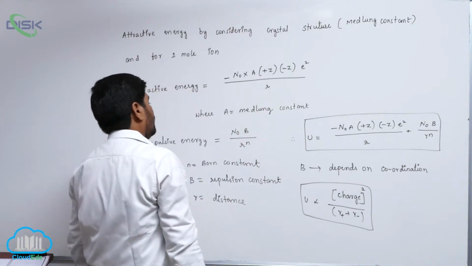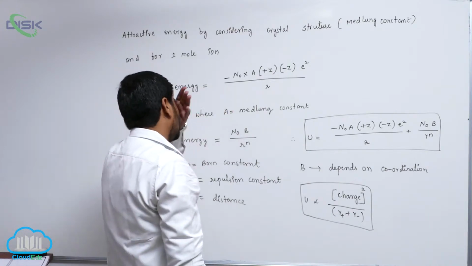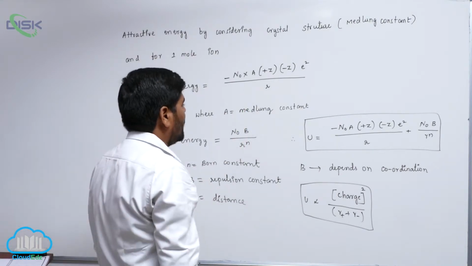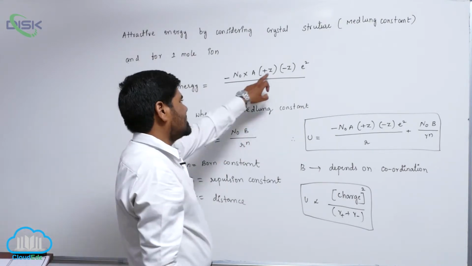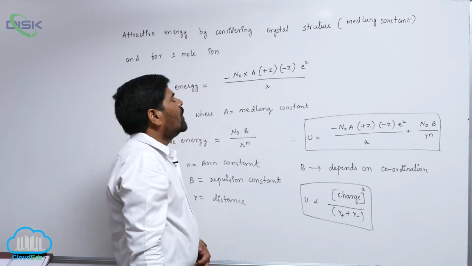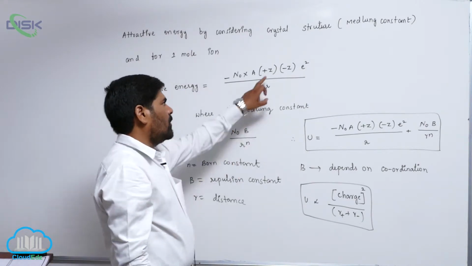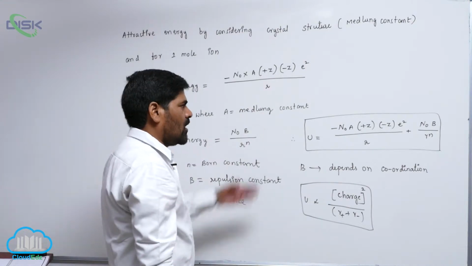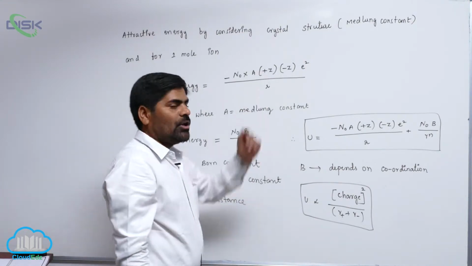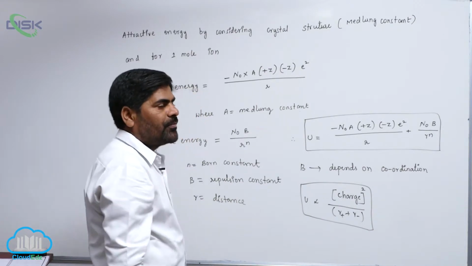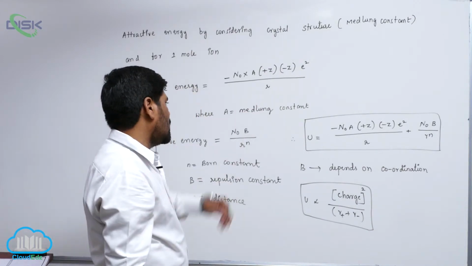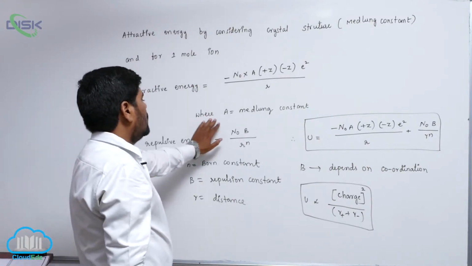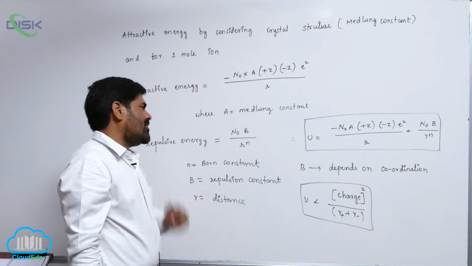R, where N0 equals Avogadro number, A equals Madelung constant, plus Z equals atomic number of cation, minus Z equals atomic number of anion, e equals charge of electron, R equals distance.